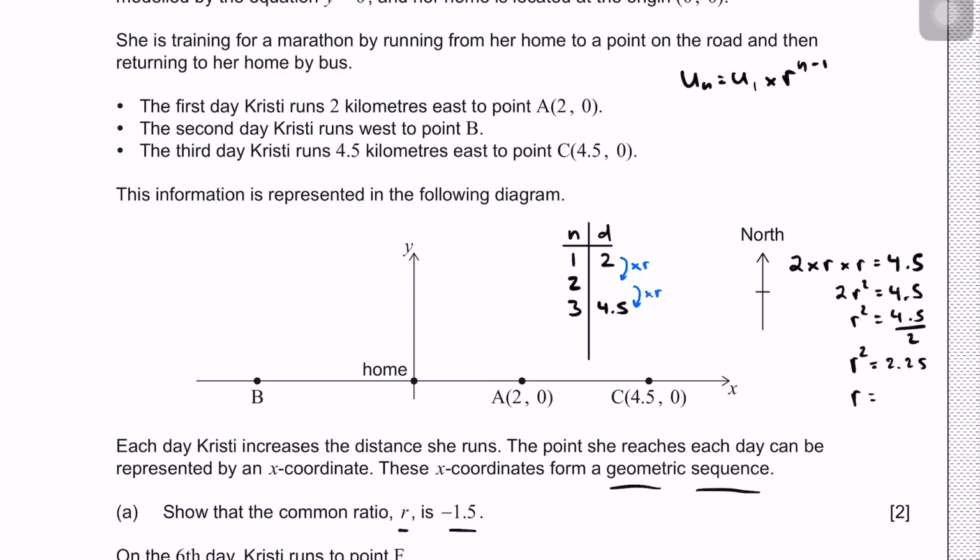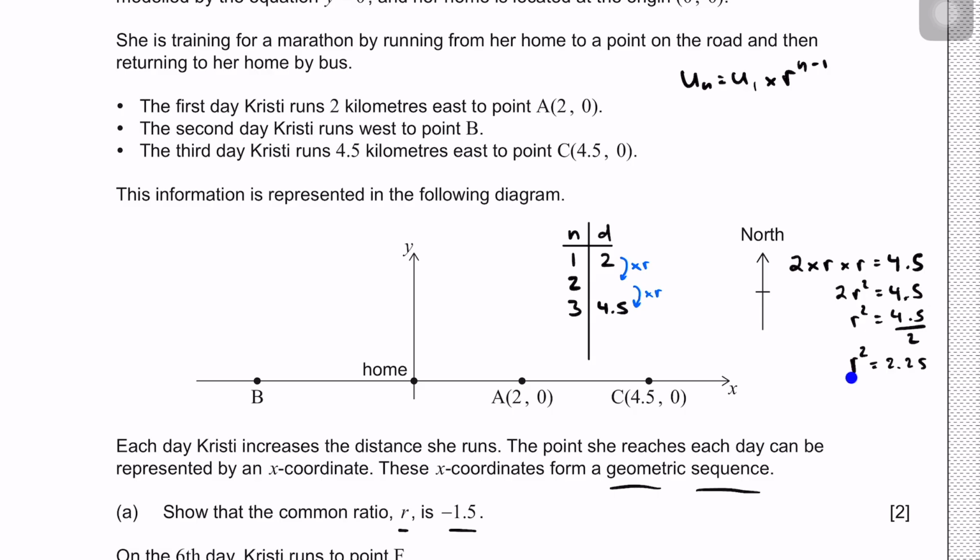So what does this say? This r squared is equal to 2.25. It says some number squared is equal to 2.25. We know already that this common ratio is 1.5, but it's not just 1.5, it's negative 1.5. So remember when we square a number, it could be both the positive or the negative value.